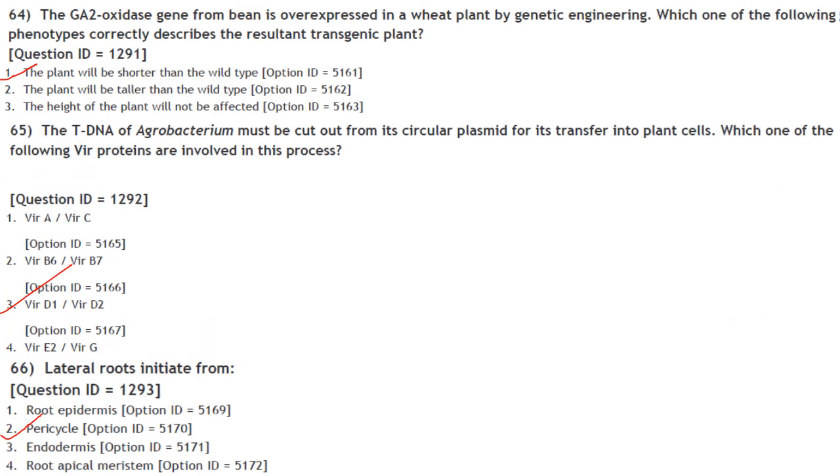Then GA2 oxidase gene from bean is overexpressed in a wheat plant by genetic engineering. Which one of the following phenotypes correctly describes the resultant transgenic plant? So GA2 oxidase catalyzes the catabolism, namely the conversion of bioactive gibberellic acids and their immediate precursors into biologically inactive gibberellic acids by 2-beta hydroxylation.